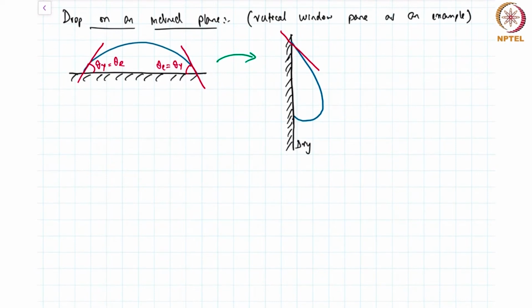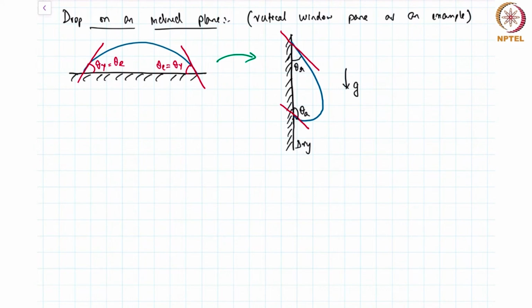This angle that we're trying to draw here is the receding angle, which we'll call theta small r, and this one is theta small a. Now the tendency of the droplet is to move downwards.